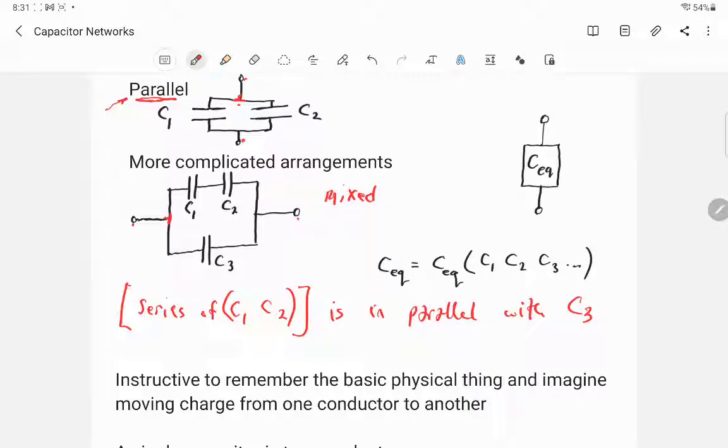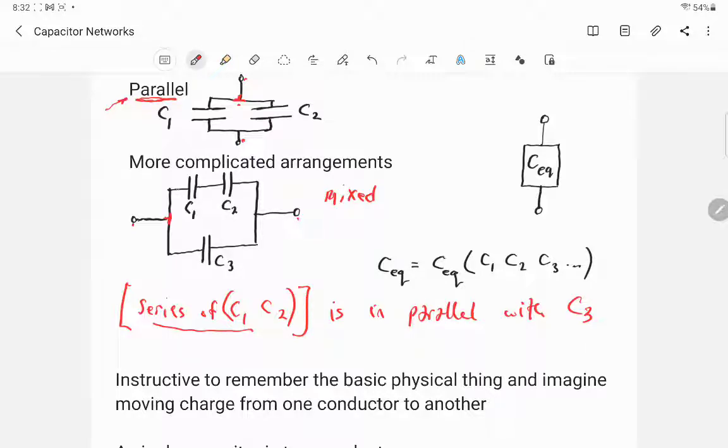That is, in order to think about this more complicated arrangement, you imagine first recognizing that C1 and C2 is the most basic combination, and you could handle this combination by simply understanding them as being purely in series.